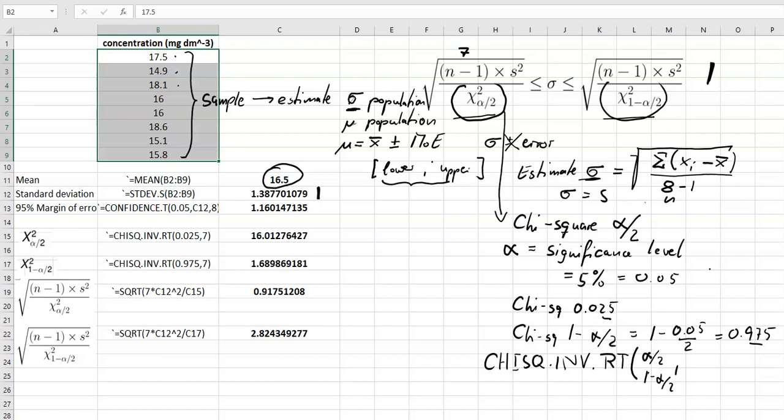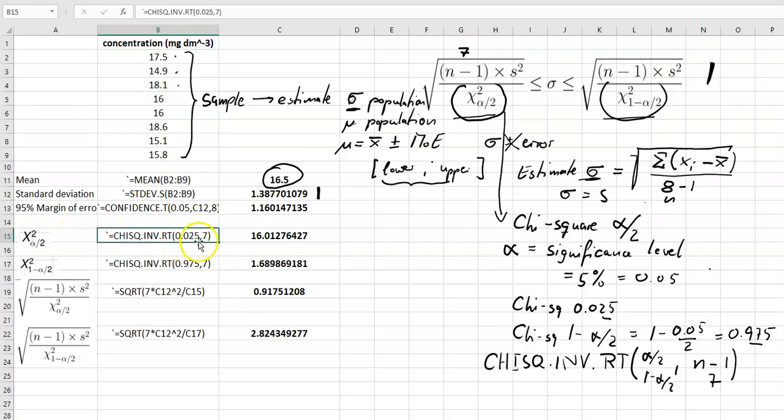And it takes the degrees of freedom, which in this case would be n minus 1. So number of observations minus 1, so that would be 7. And now we have basically everything together. We can calculate our first chi-square value here. That's this one here with this equation.